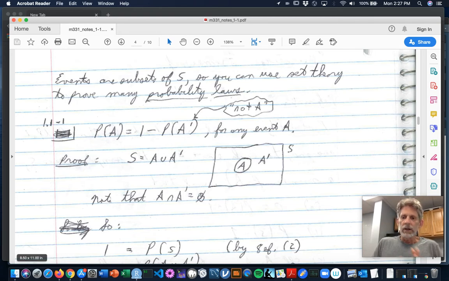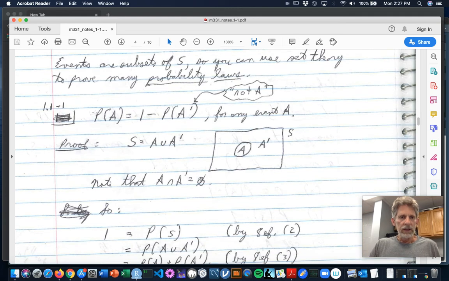So there's a number of laws of probability in the book that are proved off of the definition of probability. And the first law of probability, theorem 1.1-1, I think they call it: for any event A, the chance that A occurs has to be 1 minus the chance that it does not occur.